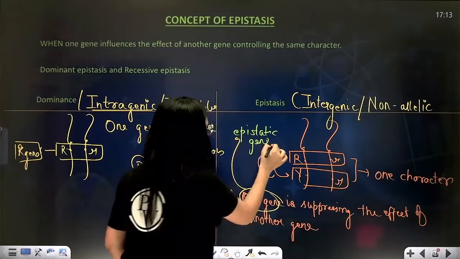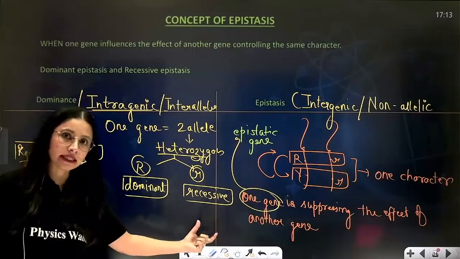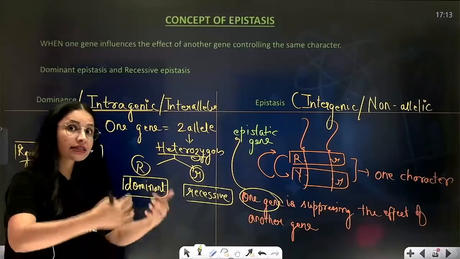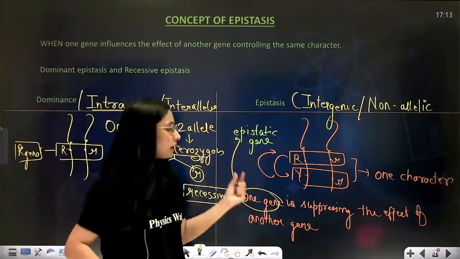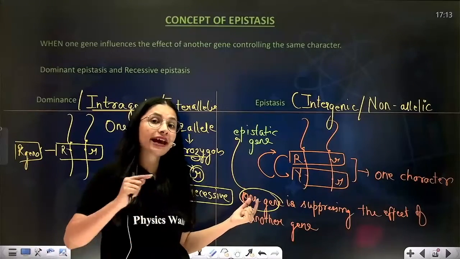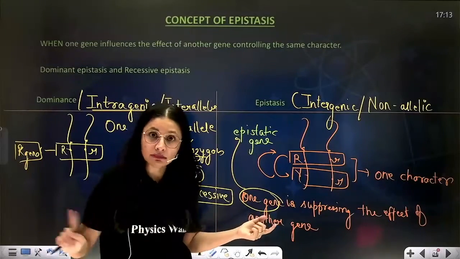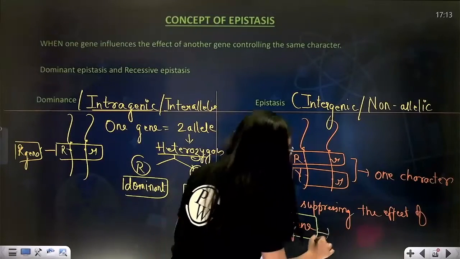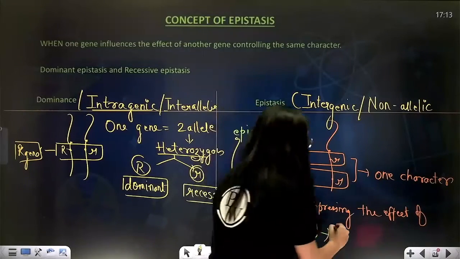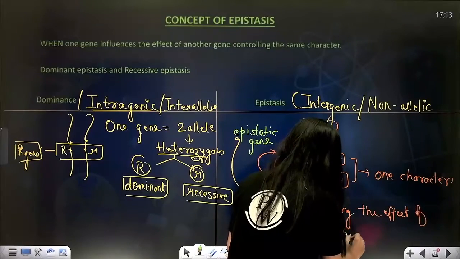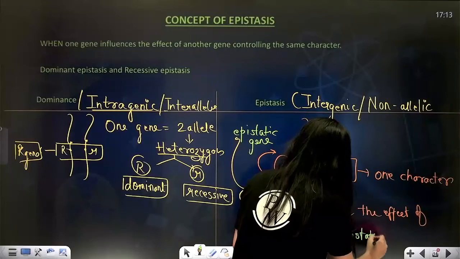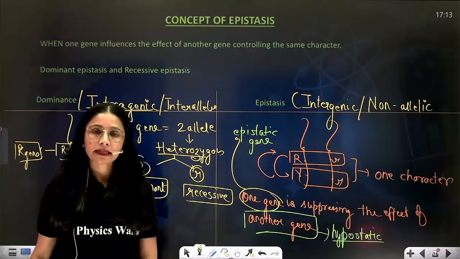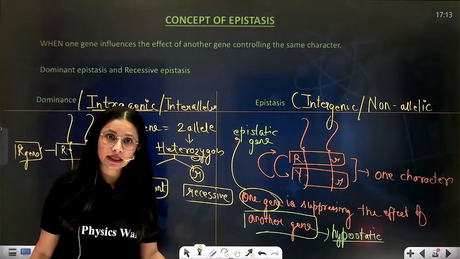Like here we use the terms dominant and recessive allele: dominant, the one which suppresses; recessive, which is getting suppressed. Here, the one which suppresses is known as epistatic gene but not dominant gene. And the one whose effect is getting suppressed is not known as recessive. Rather, it is known as hypostatic gene. Clear? Understood till here?